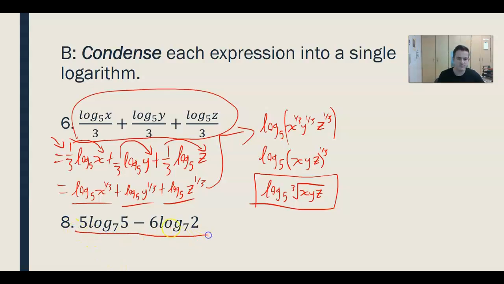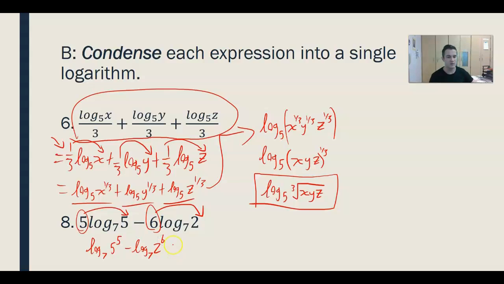Let's look at this one. So first, I have these numbers out in front. These numbers out in front can be written as an exponent on the numbers that are inside the logarithm. So log base 7 of 5 to the 5th minus log base 7 of 2 to the 6th. That's how I can write that.